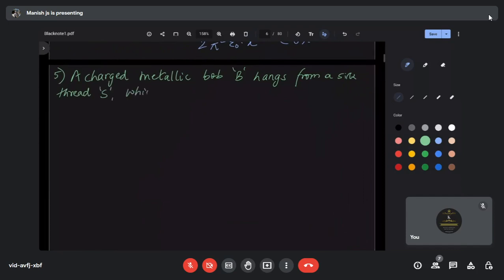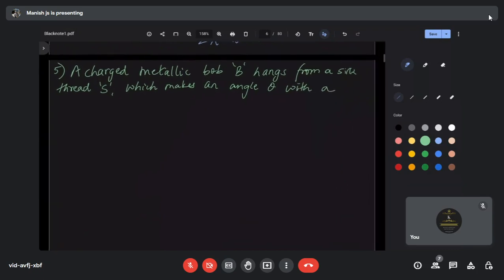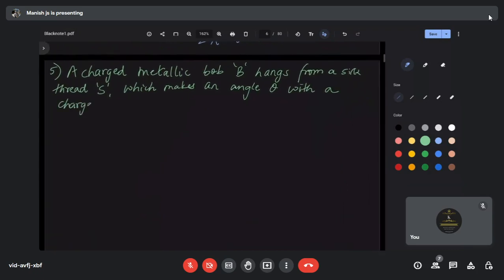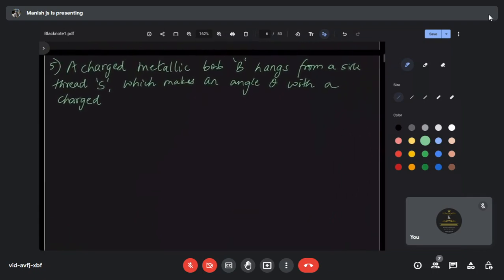Which makes an angle theta with a charged conducting sheet as shown in the figure.